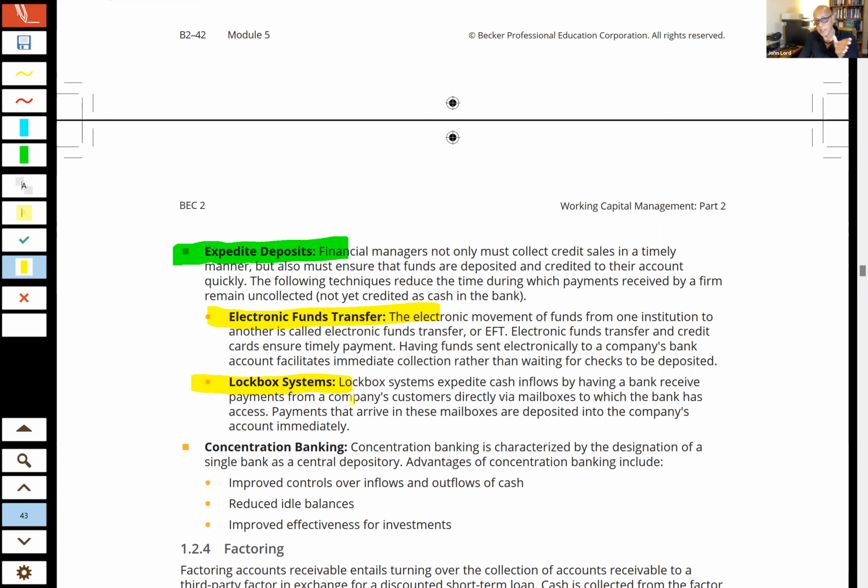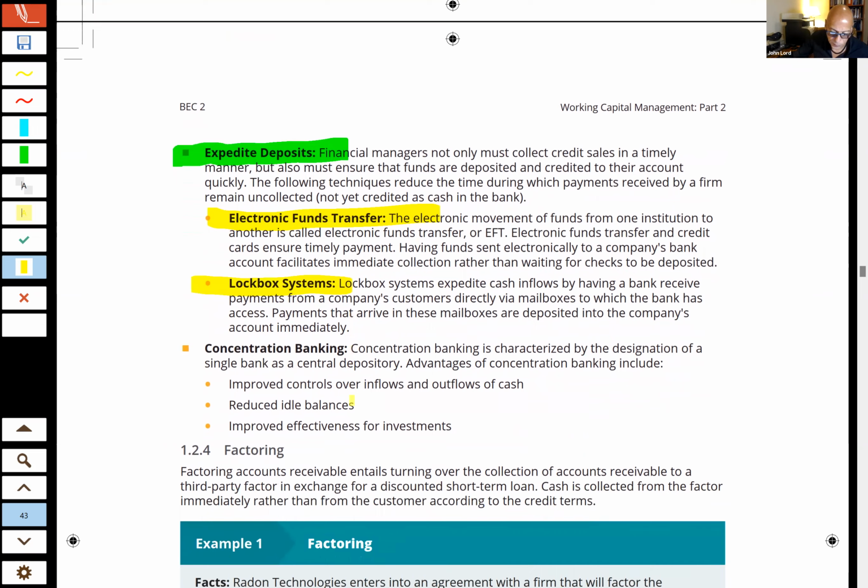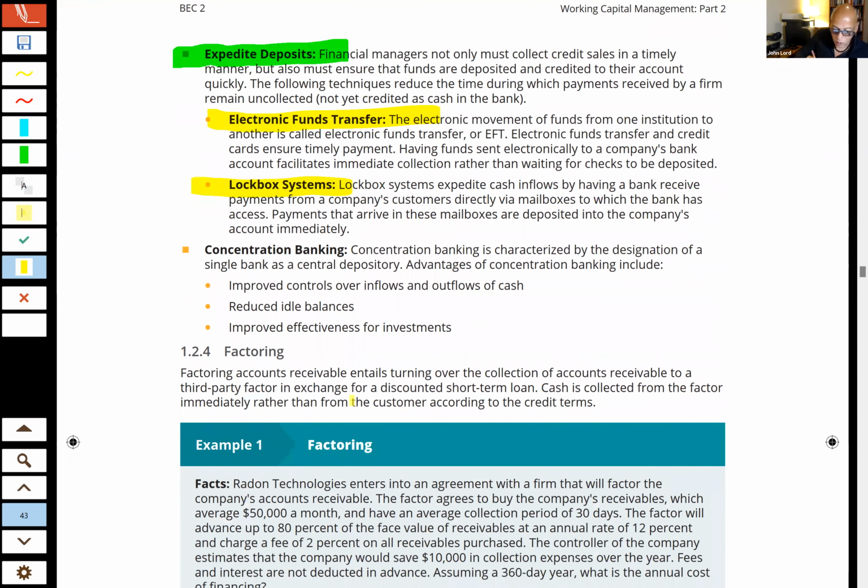You use a lockbox, the payments go directly to the bank. Okay. Also, concentration banking is characterized by the designation of a single bank as a central depository. It improves controls, reduces idle balances, and improves effectiveness for investments.